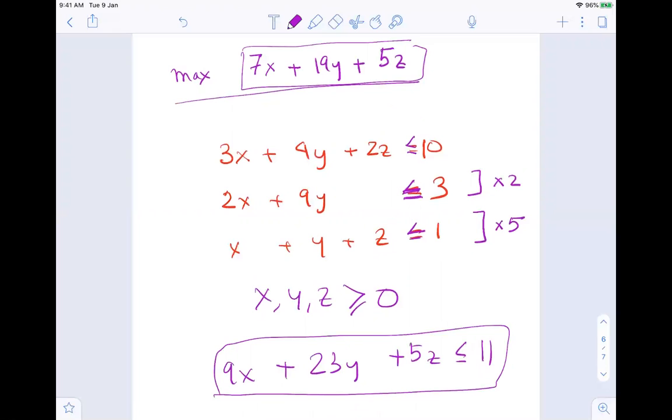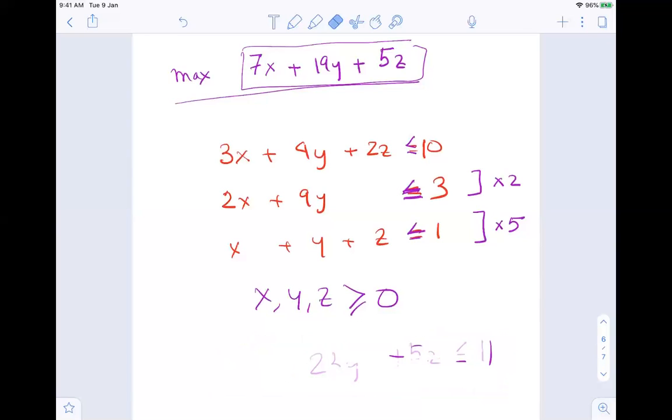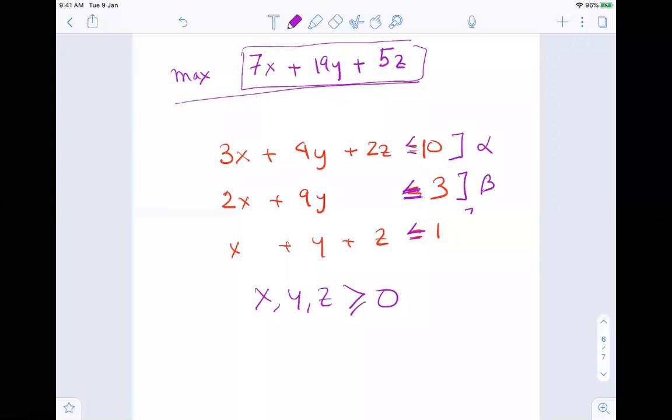Yes, sir. So in general, can you say something more abstractly? You guys are all now students of ISI, right? You should be able to do something slightly more abstractly. What if I say alpha, beta, gamma?